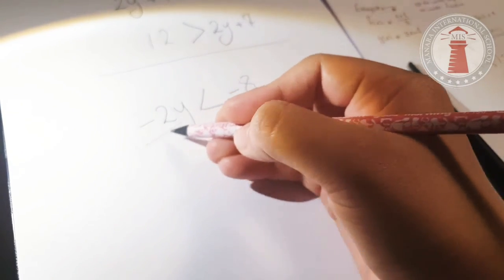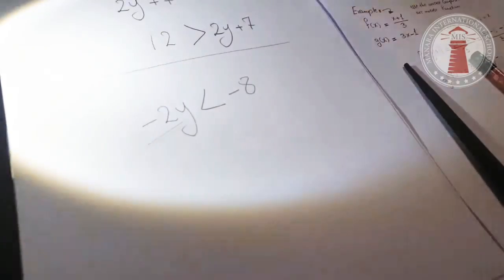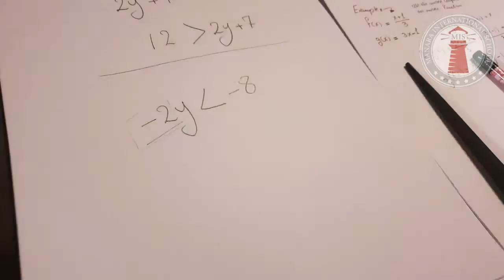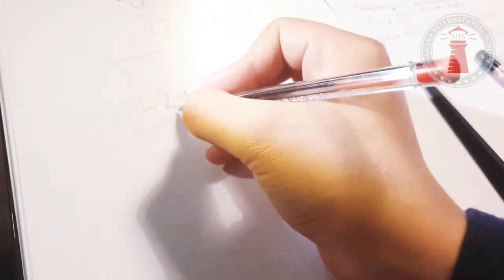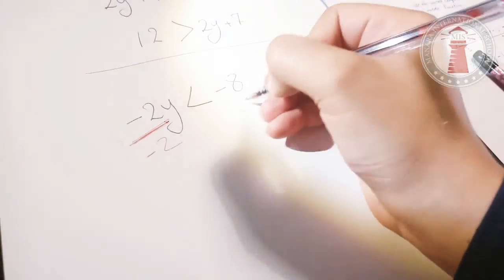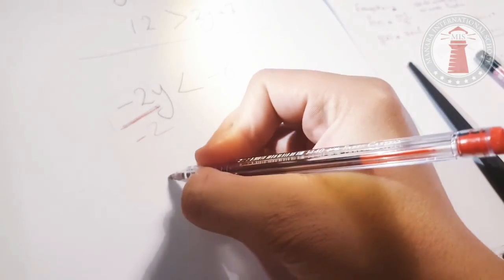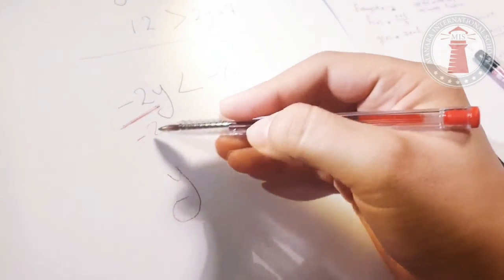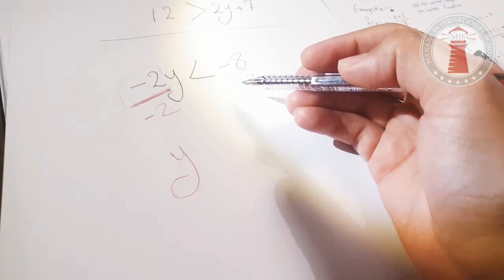So here, for example, we have negative 2. So we're going to divide. Let's use another color. We're just going to divide both sides by negative 2. Here is negative 2 and here is by negative 2. Okay, this becomes y. Now, as long as you did something negative here, I'm not talking about addition or subtraction.